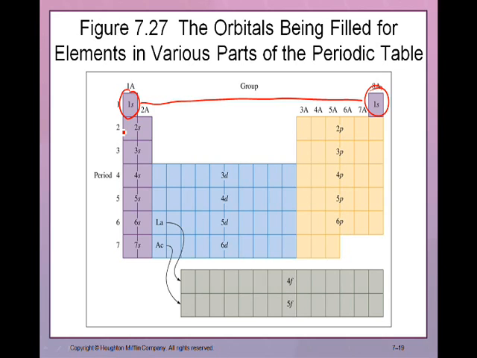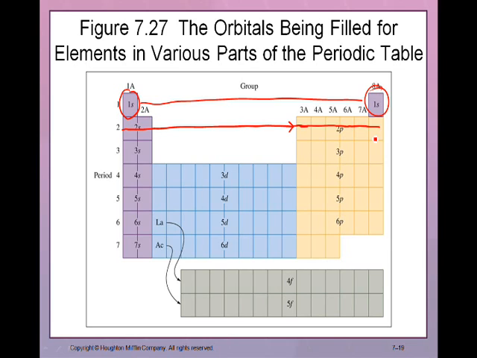And so as we fill, we can look at the periodic table and predict the location of the outermost electrons. As here the 2s electrons are filling, and then we're still in the second period, so now we're coming to the 2p electrons, 2p1, 2p2, 2p3, 2p4, 2p5, and 2p6.